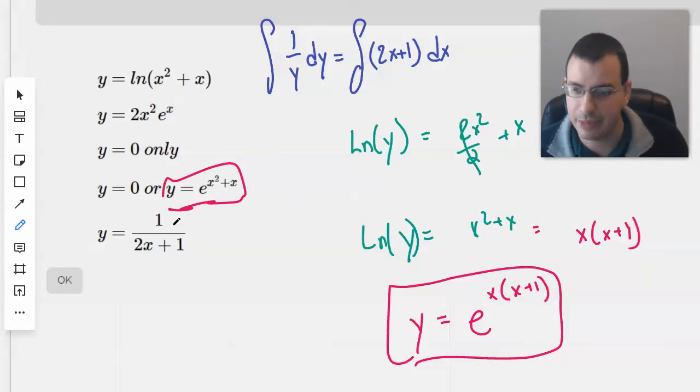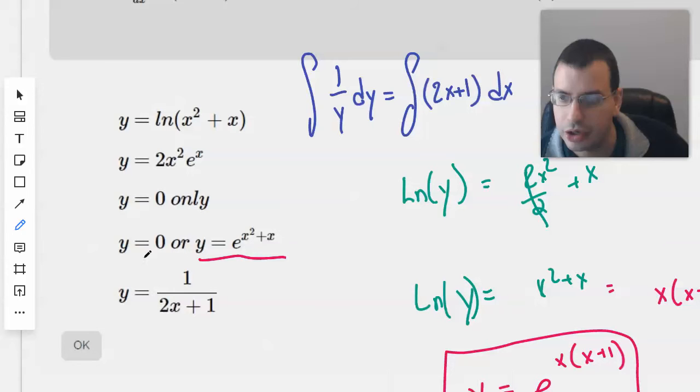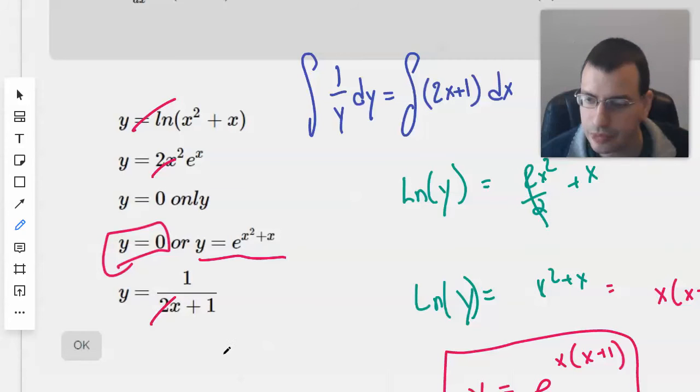So that's a possible solution. X squared plus x. Yep. And the others are, nope, these are all wrong. But it's kind of interesting with this 0 right there. So let's take a look at this solution here.